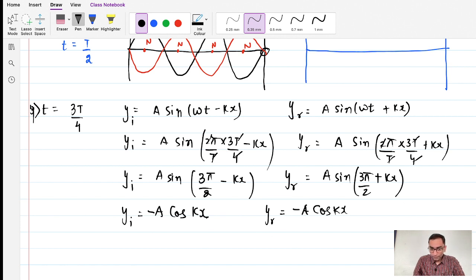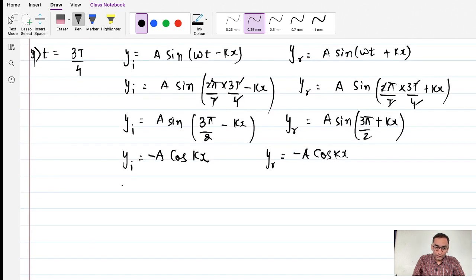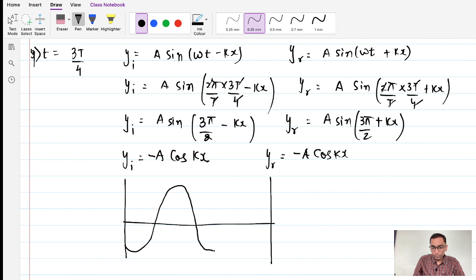Both are the same wave, so constructive interference, let's draw it. Now negative of cos function starts from here. So this is one wave and then this is another wave. Okay, this is my incident wave and the similar is the reflected wave.